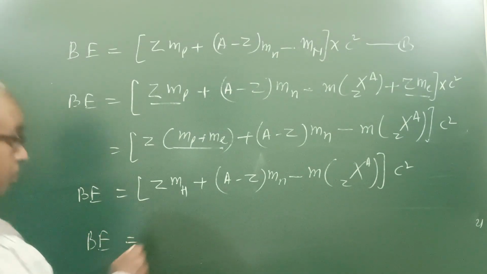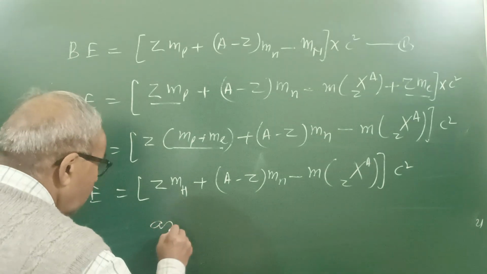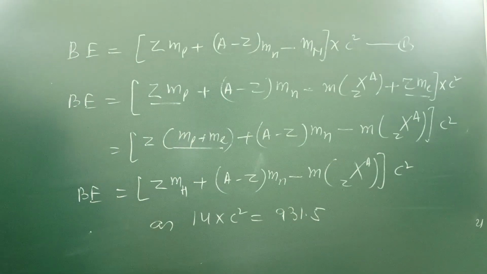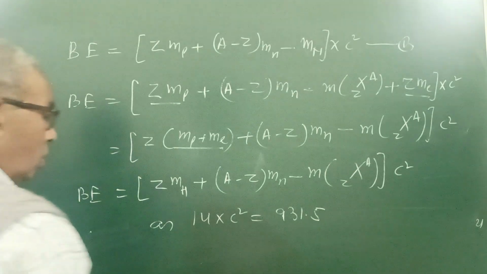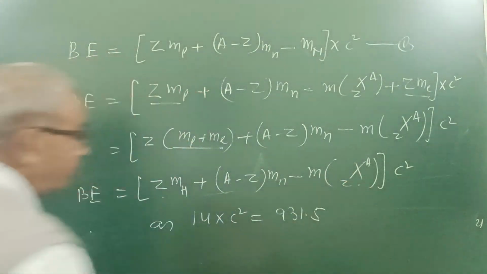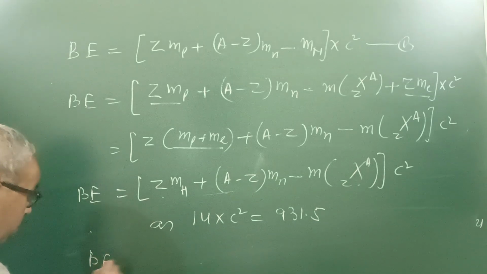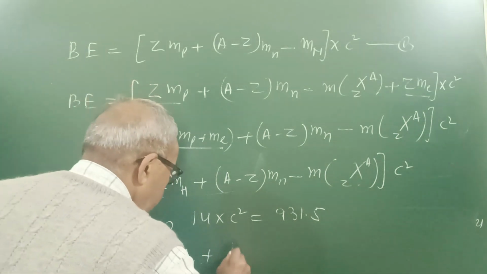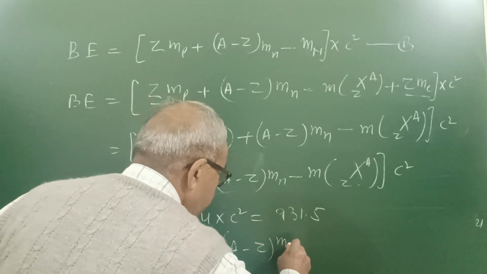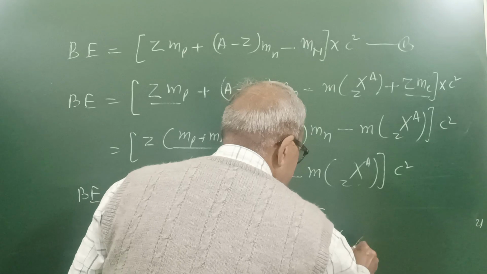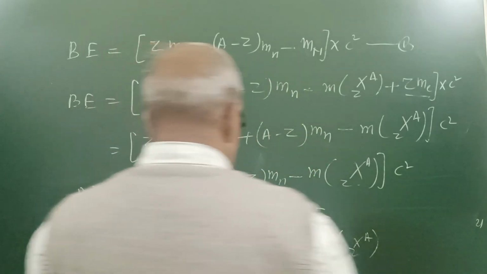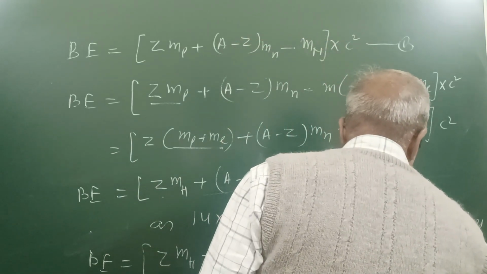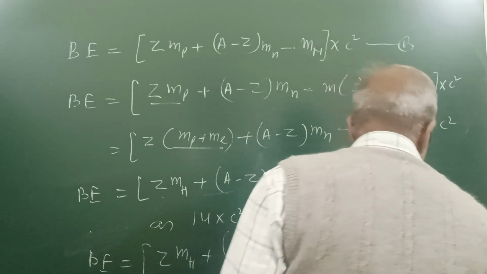If the atomic mass and mass of nucleons are in atomic mass unit, you can write 1 u into c square as 931.5. So if masses are in AMU, then BE equal to (Z M_H plus (A minus Z) M_N minus M(Z X A)) into 931.5 upon c square MeV.